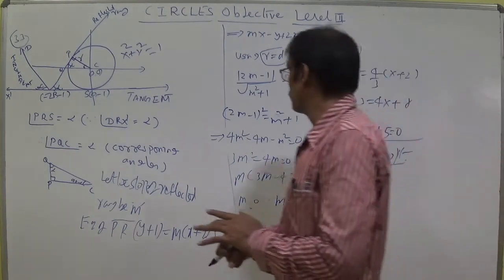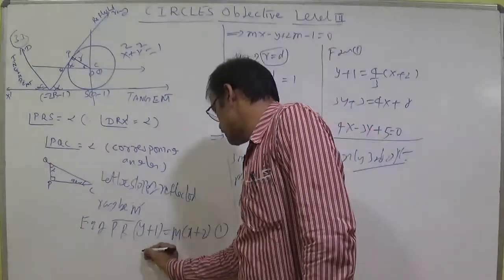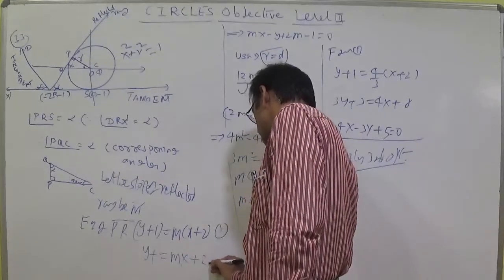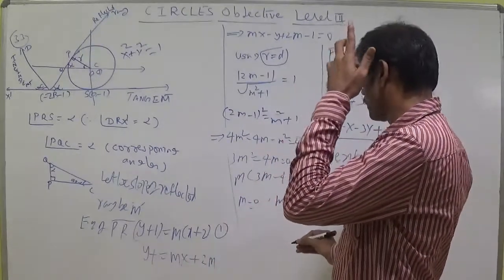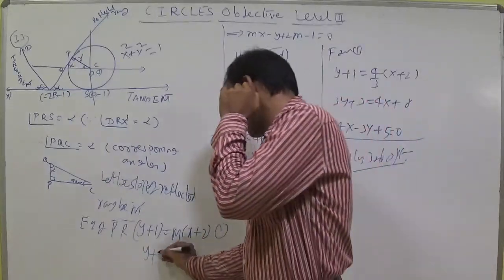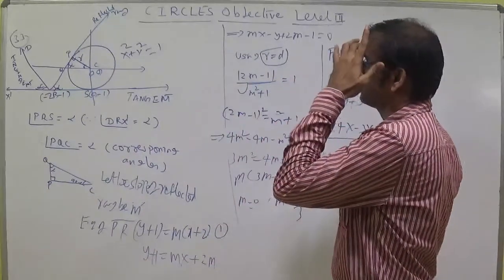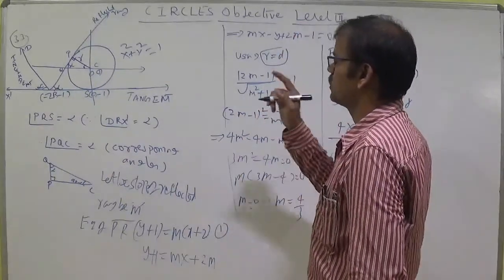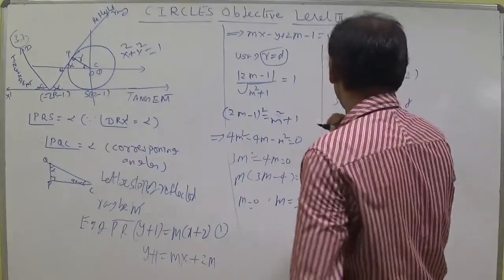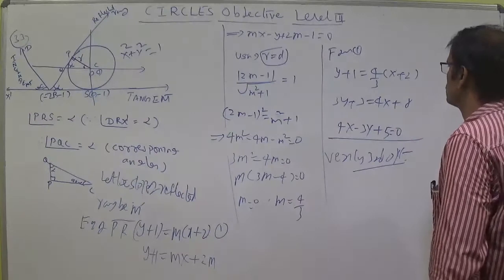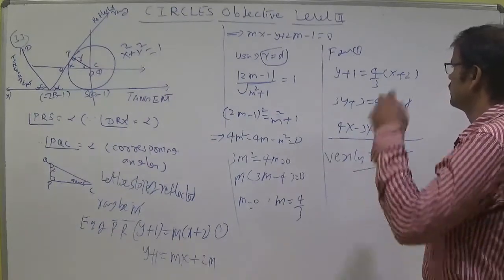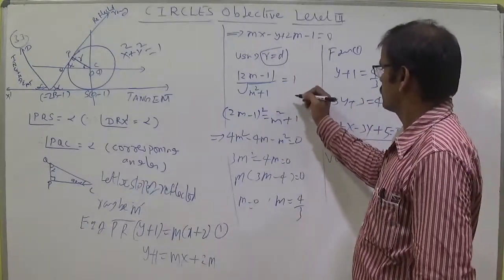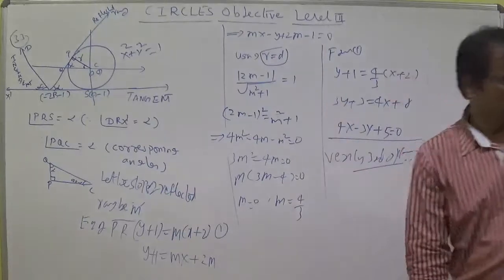Y plus 1 is equal to m into x plus 2, it is correct only. Y plus 1 is equal to mx plus 2m. Mx minus y plus 2m minus 1 exactly. It depends upon the concept, r is equal to d. Now we are getting the equation. Whenever it is a negative slope, it becomes minus 4 by 3 we should get. 2m minus 1 whole square, everything is okay.